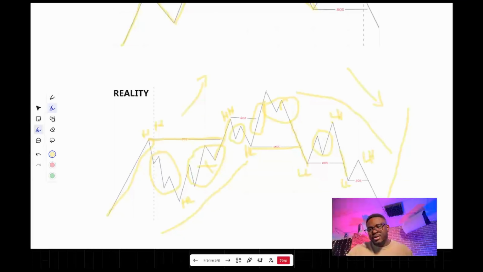Now, if a new candle closes above this last lower high, this is a market structure shift. Price has switched bullish again. Now, when price comes down a little bit and continues like this, the trend has changed back to a bullish trend, and this is now a break of structure. Simple. You don't even need to complicate it.